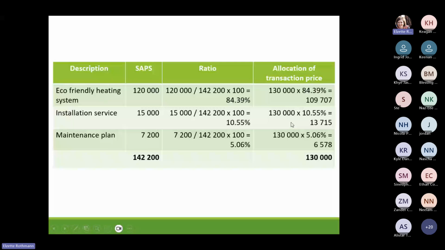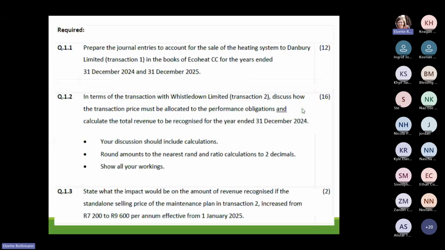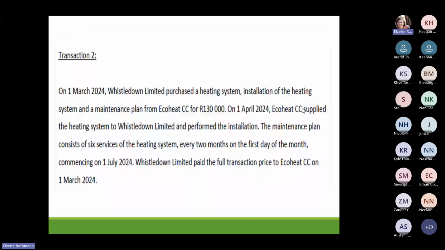But now we need to figure out what is the actual revenue that we can recognize. Okay, so this allocation of transaction price, that's the maximum revenue we can recognize. But remember now, we have a maintenance plan. And they tell us in the question, the maintenance plan consists of 6 services of the heating system every 2 months on the first day of the month, and it's commencing on 1 July.